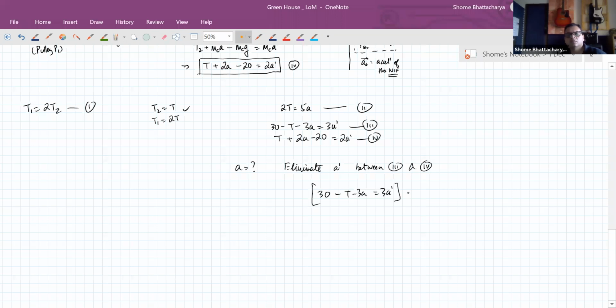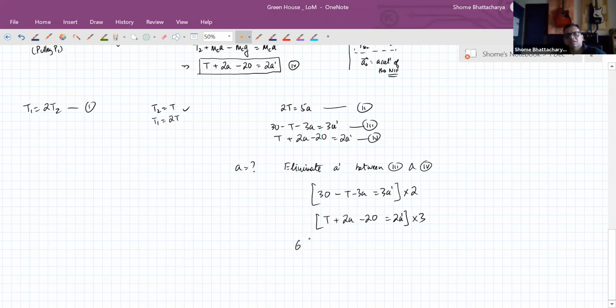Multiply it with 2, and take equation 4 and multiply that with 3. Multiply the whole equation with 3. Okay, so the left hand side of both the equations is the same.